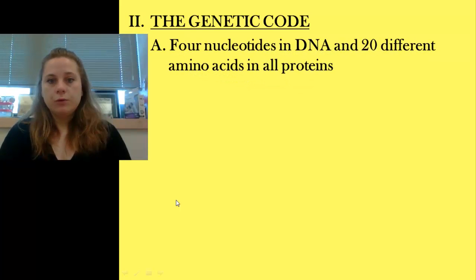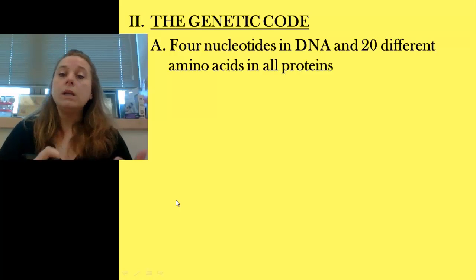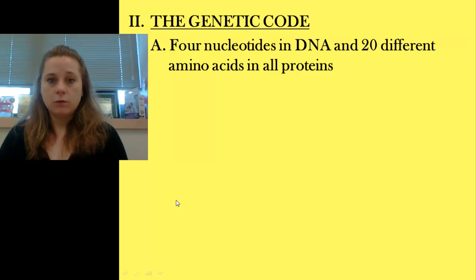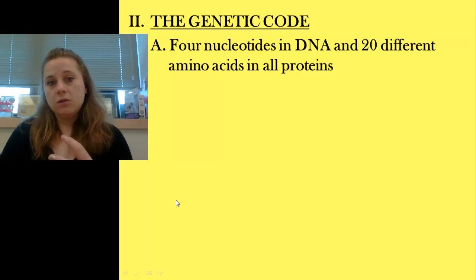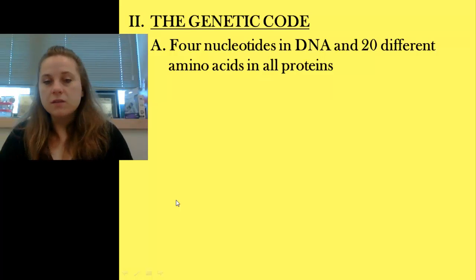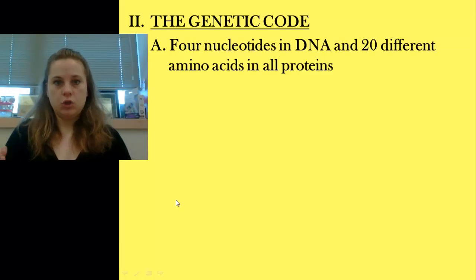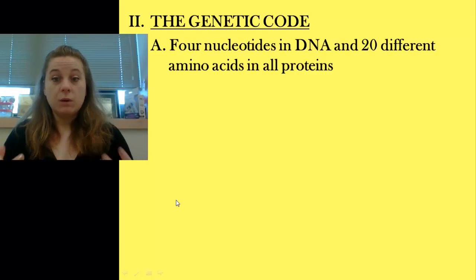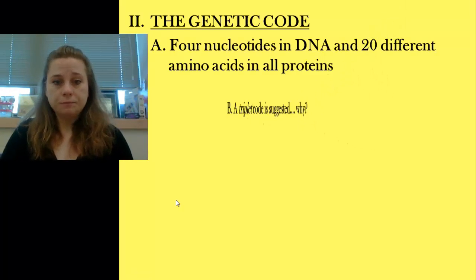We know 4 nucleotides, okay, in DNA: adenine, guanine, cytosine, thymine. There are 20 different amino acids in all of your proteins, okay? So we can take those 20 amino acids and we can put them in different orders, lengths, and create infinite chains. So that's why we can have so many different proteins.